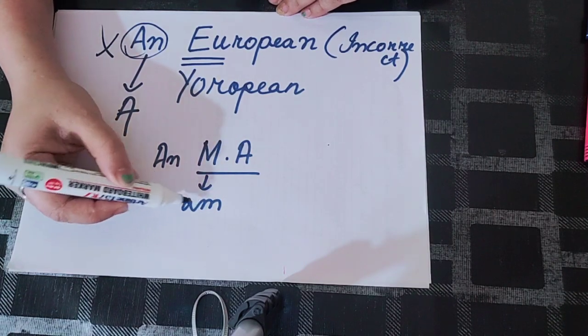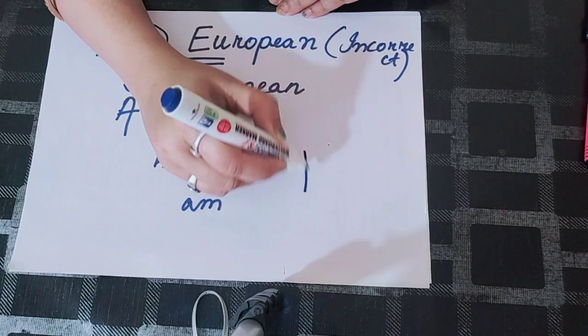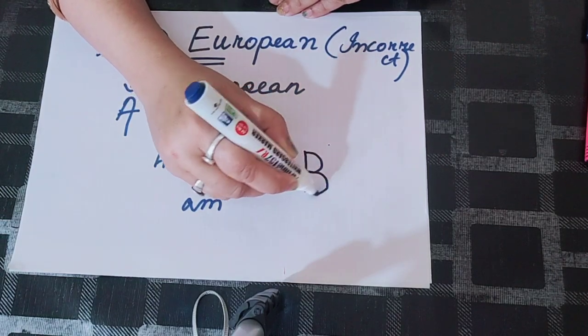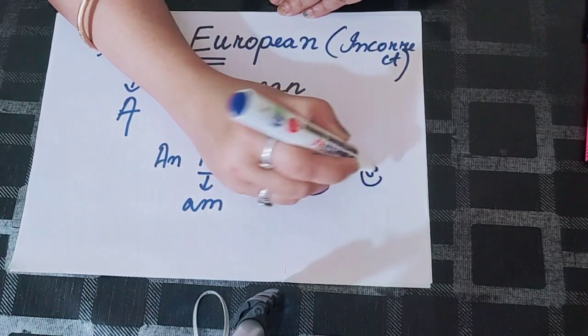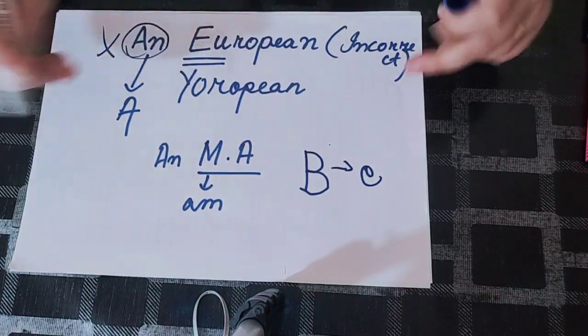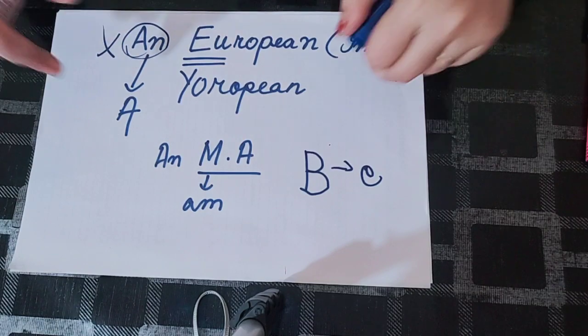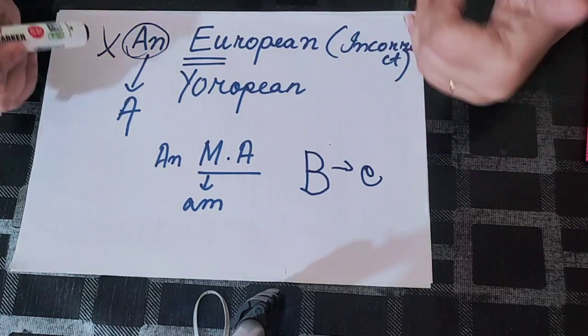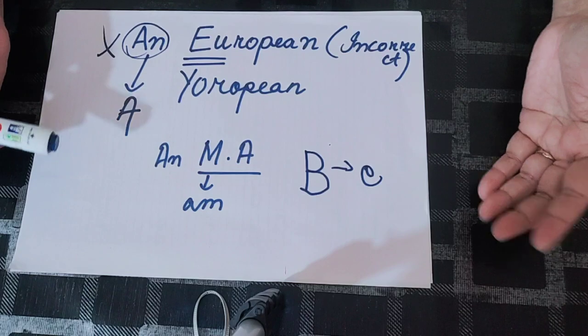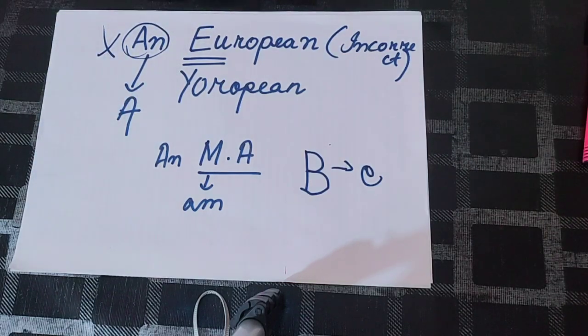It will need A for its pronunciation. Similarly, if I want to pronounce B, I'll have to use E in the end. So we are using vowels to pronounce consonants, but vowels are themselves independent letters. This is the difference between a vowel and a consonant, and this is how you use a and an depending on the pronunciation.